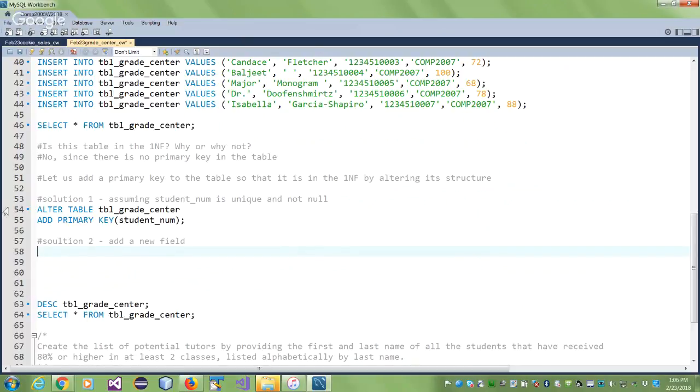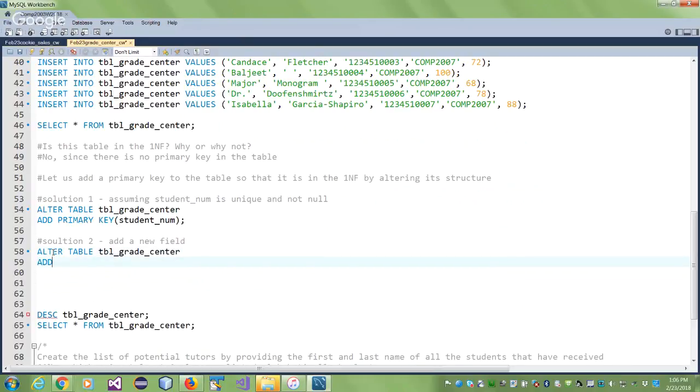So solution number 2 is you alter the table, but of course you choose one. You alter the table, you add a new field altogether. You can call it whatever you like. This was a student ID, so let's call it student ID. It's entirely up to you what you want to make it, character or integer. Nothing stops you.